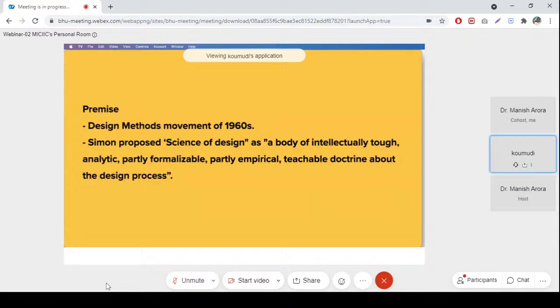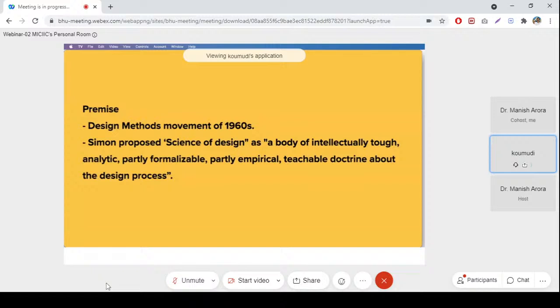Their vociferous arguments would bring about the design methods movement of the 1960s. This movement proposed systematic and formulaic ways of solving design problems using pattern language and simulations, amongst others.